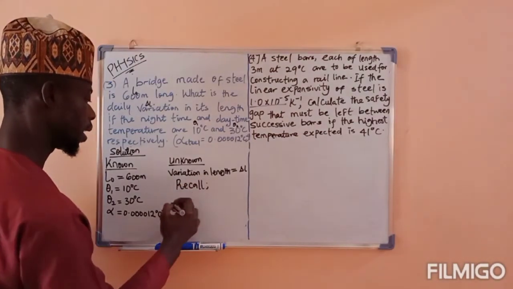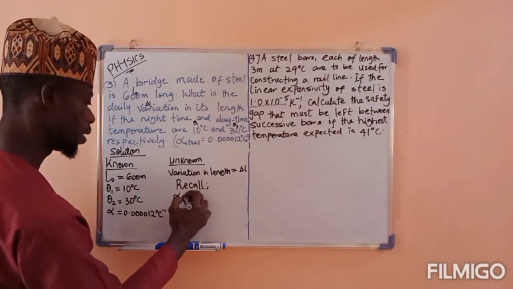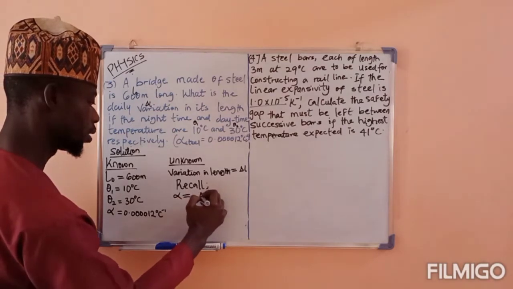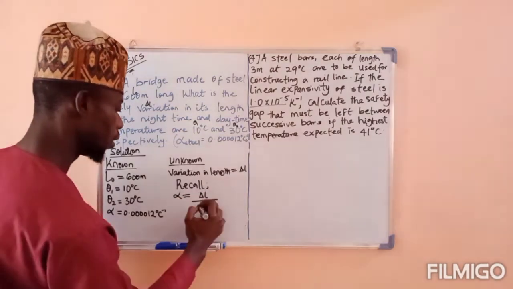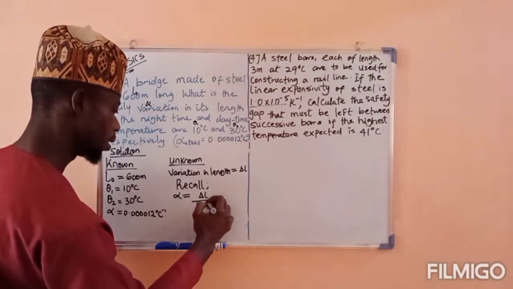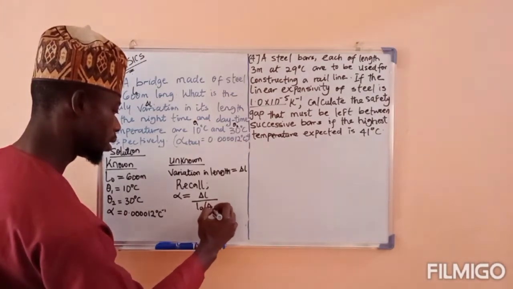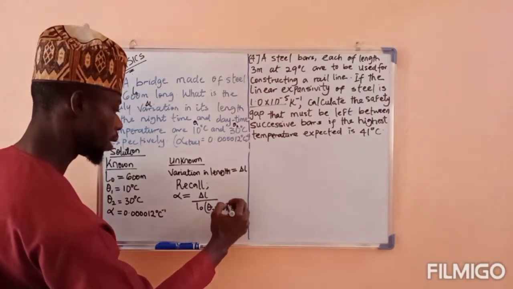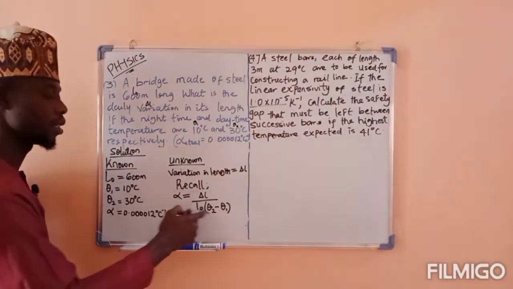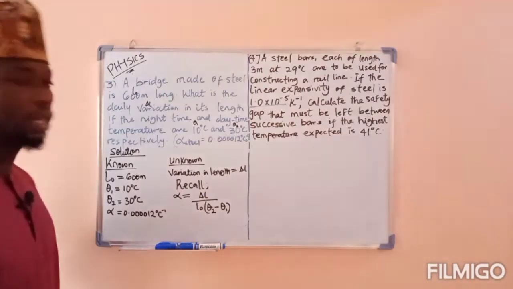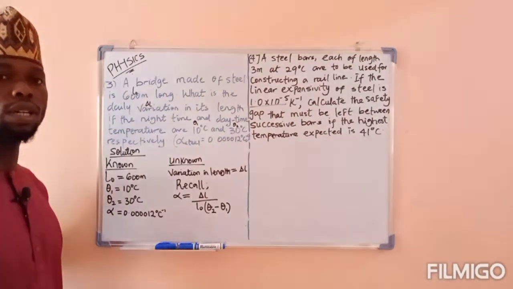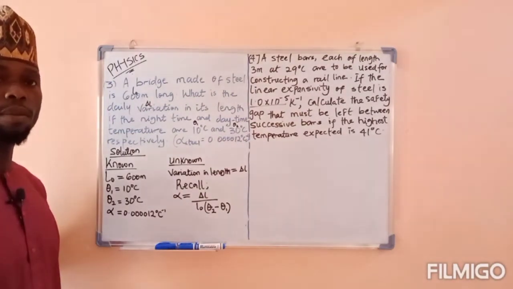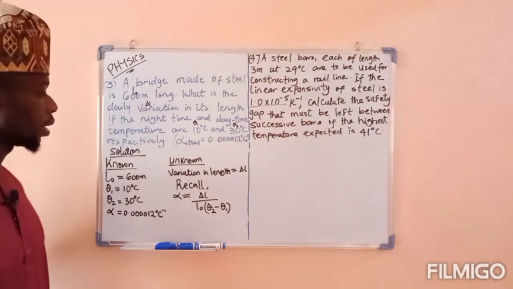Recall that alpha is equal to change in length all over original length into change in temperature, theta 2 minus theta 1. Theta 2, final temperature, theta 1, original temperature or initial temperature. Are we together?